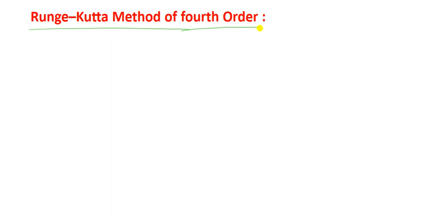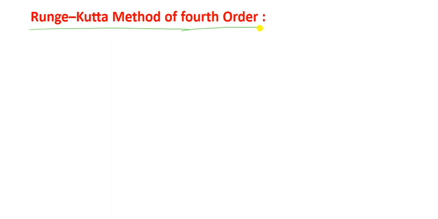In that case, the fourth order RK method is most commonly used in practice and is often referred to as the Runge-Kutta method only, without any reference of the order.